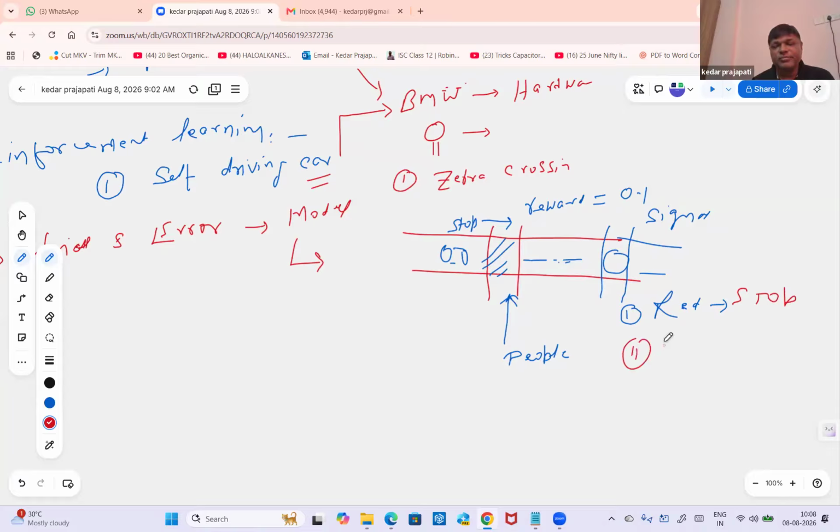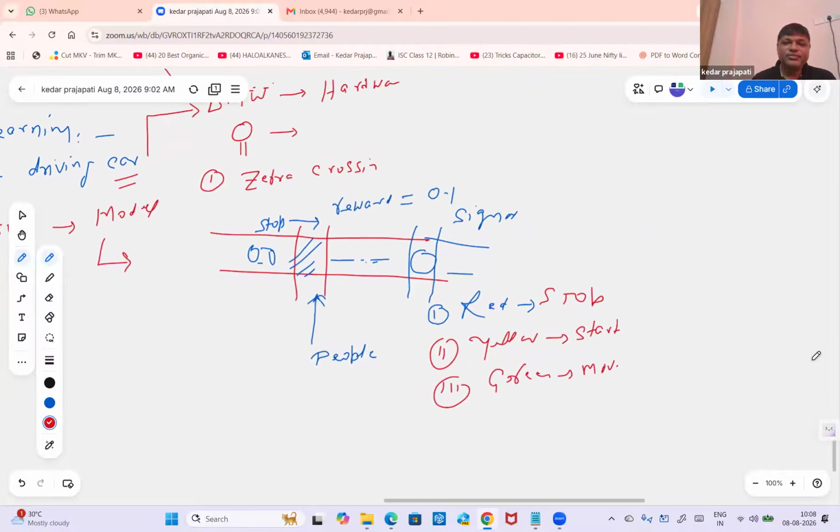Then when the signal becomes yellow, it has to get ready, or start if the engine was stopped. And when the signal is green, then it has to move. If it does everything right, you again give it some reward, again 0.1, and this reward will be like 0.2, something like that. So you will keep rewarding it.